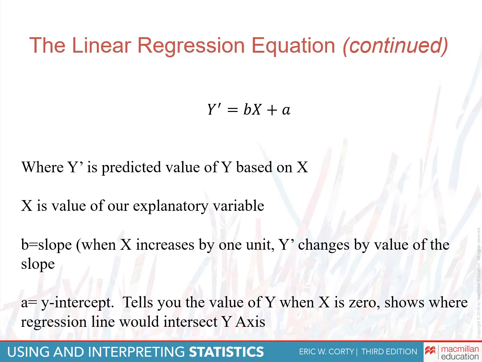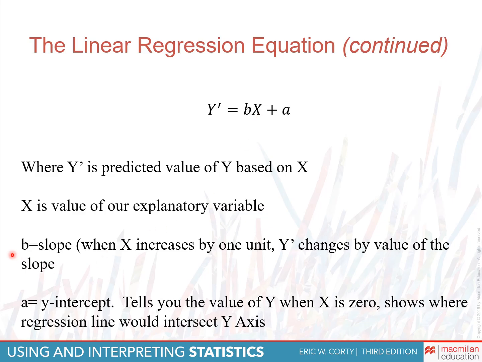Okay, so the overall formula for our linear regression equation is going to be y prime equals bx plus a, where y prime is whatever our predicted value of y is based on the value that we're given for x. X is our explanatory variable, the independent variable.